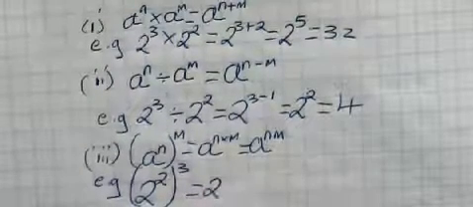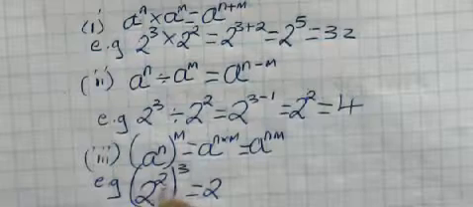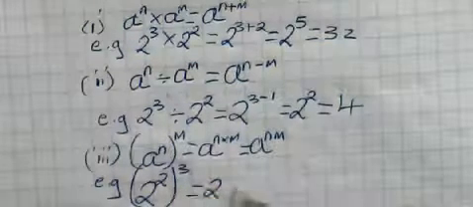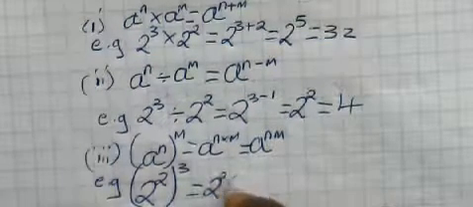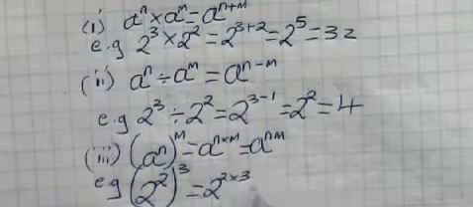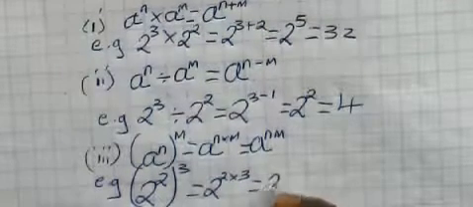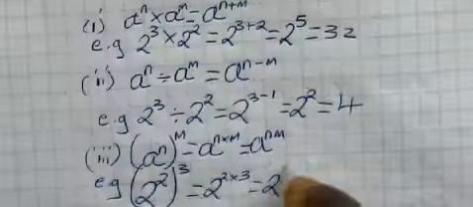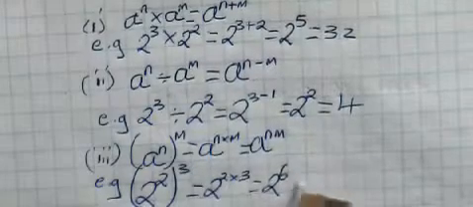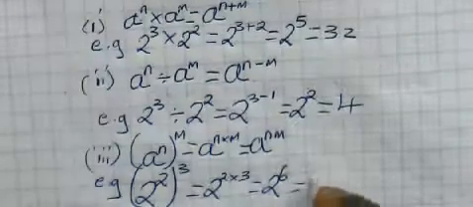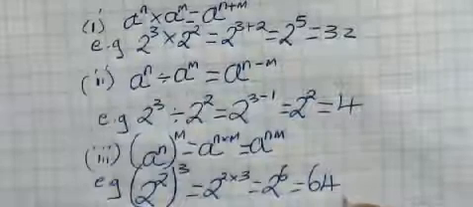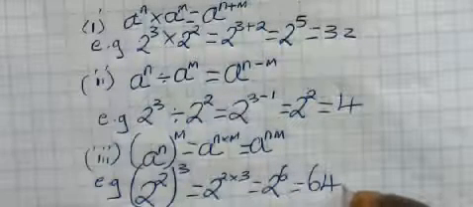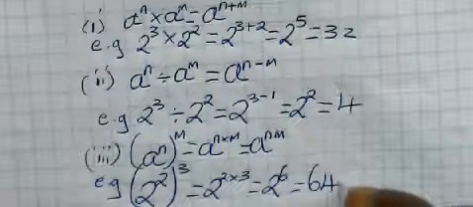You take this 2, then multiply the powers, raised to power 2 times 3, which is 6, 2 to power 6, which is 64. You can have your calculator and verify that.